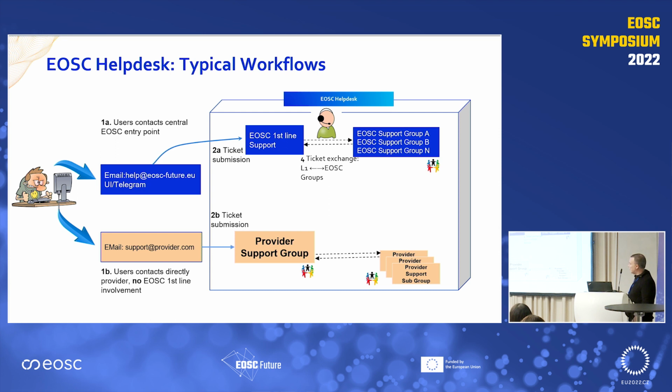If that's not the case, for example, there is some interaction needed between the EOSC and provider, so we are talking about the complex services where the EOSC Core services are integrated with the community services, with the providers, with external provider service, there could be some exchange of the ticket needed between the provider and EOSC, and this is also possible.